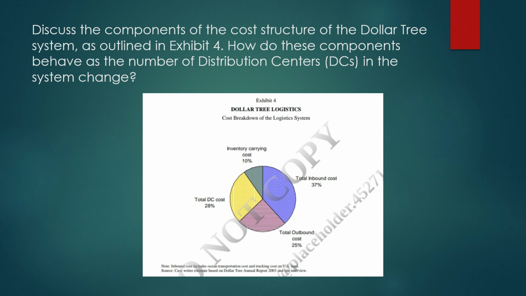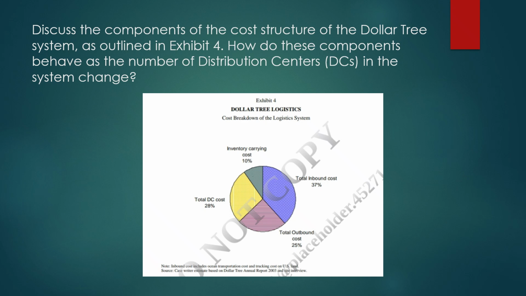So the cost structure outlined in Figure 4 is broken down into four components: inventory carrying cost, total inbound cost, total distribution center cost, and total outbound cost. The inventory carrying cost is exactly how it sounds. It's the cost incurred to manage and store the current inventory.